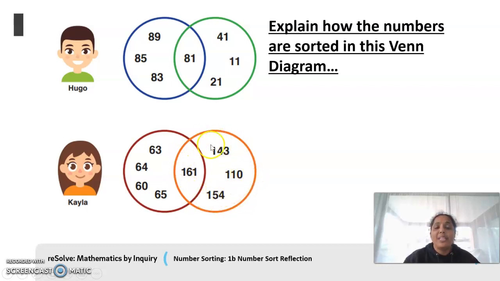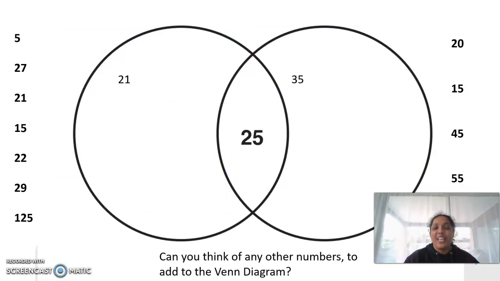All these numbers have 1 representing 100. I wonder what the 6s have in common on the left-hand side of the Venn diagram. Have a think.